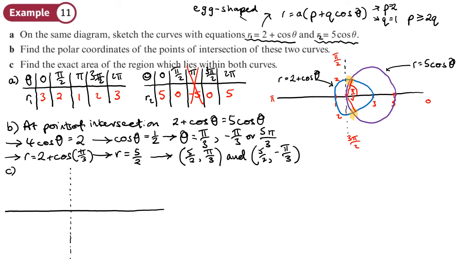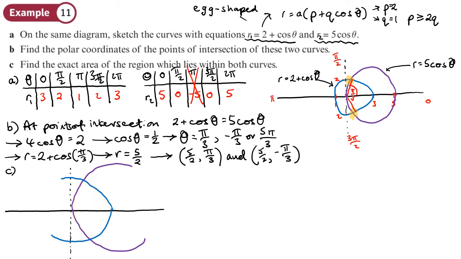I've got this circle around here, and then I've got my egg round here, like this. And the area that I'm interested in is the area in here. I could probably work out one of those and double it, because it's symmetrical.